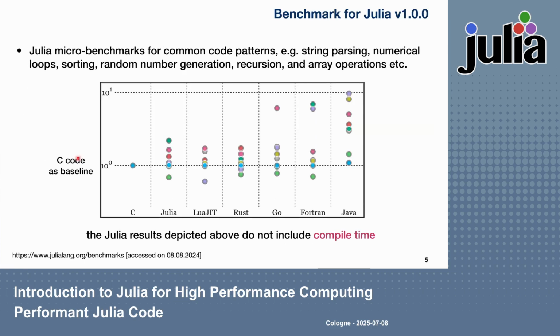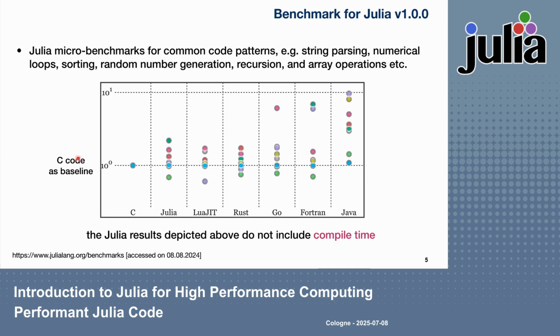This is a very recent benchmark from roughly last year, which I accessed last year for Julia version 1.0. Now the latest version of Julia is 1.11. Those are the so-called micro benchmarks for common tasks, for example, string parsing, numerical loops, lots of numerical calculations. And here, this is the C code baseline.